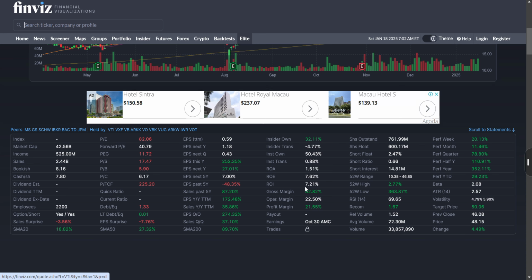So they look at the profit margin, it's positive, it's making money. So it's positive value, 21.55%. So a lot of people buy into this that Robinhood is making money. So they will buy a lot of Robinhood shares.